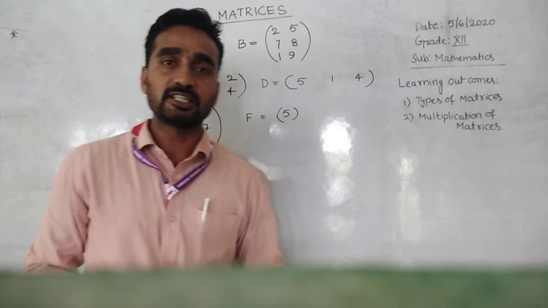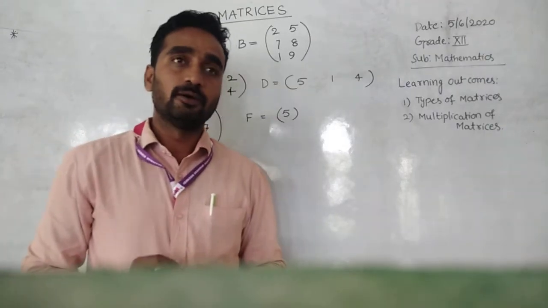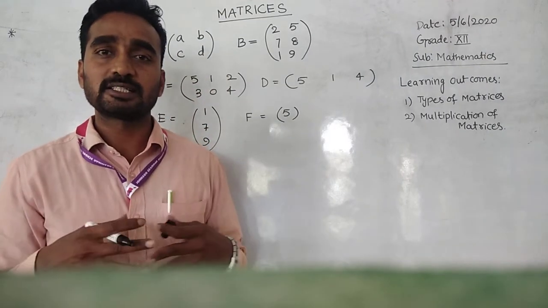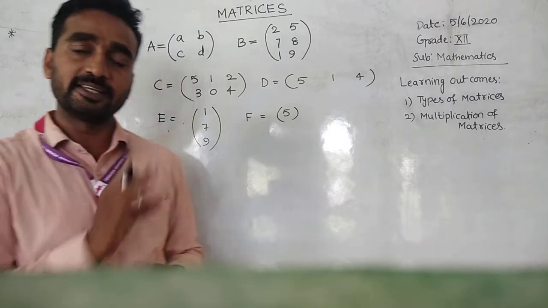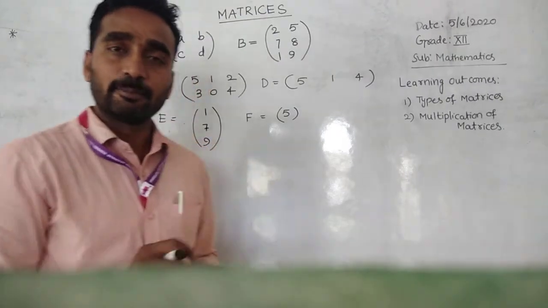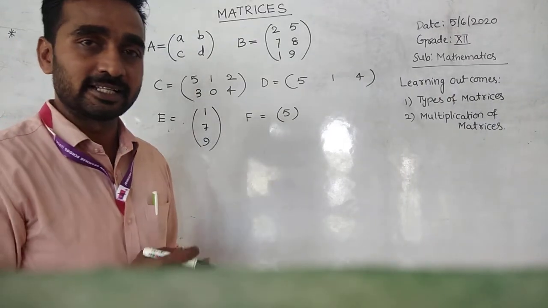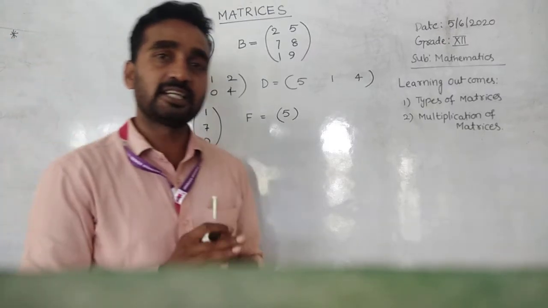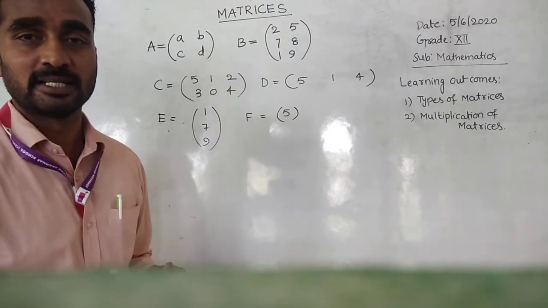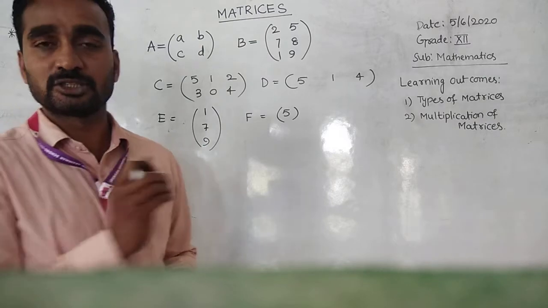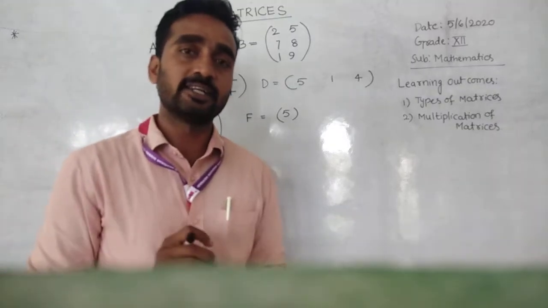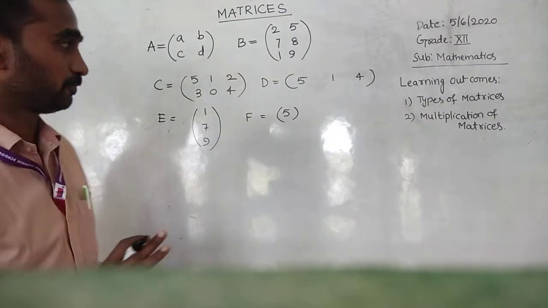So these are the examples of matrix. Now what is meant by matrix? The elements arranged in a rectangular array is known as matrix. The matrices are denoted by capital letters and the elements which are inside the brackets are known as elements. Elements always take small letters and the matrices are denoted by capital letters.